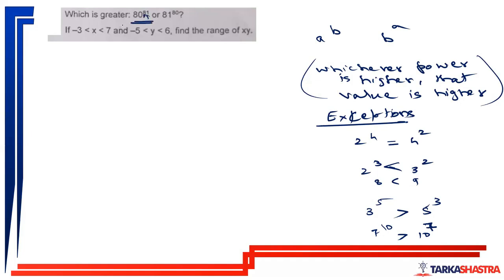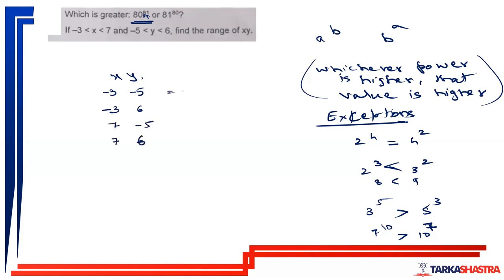Next, we have to find the range. We have to find the range of x and y, and the ranges of x and y are provided to us. So x into y, we have to do. So x can take minimum value as -3, y can take minimum value as -5, or x is -3, y is 6, or x is 7, y is -5, and x is 7 and y is +6.